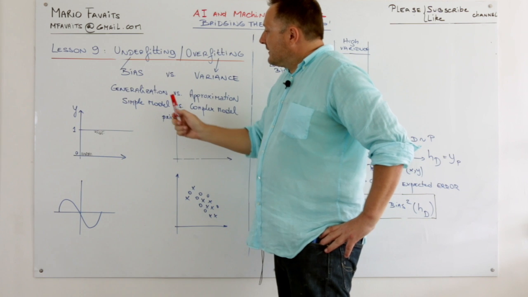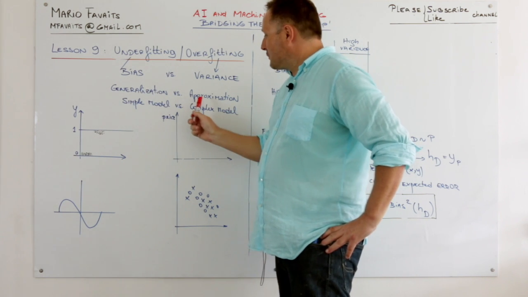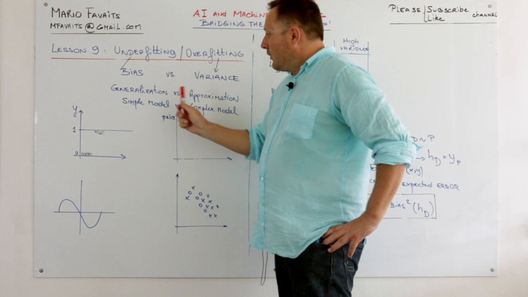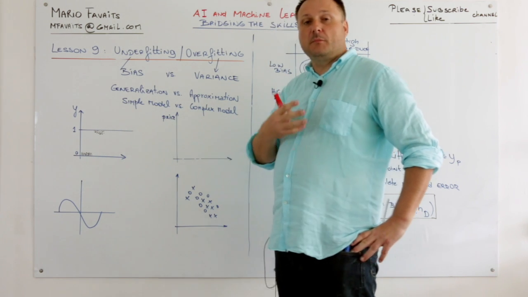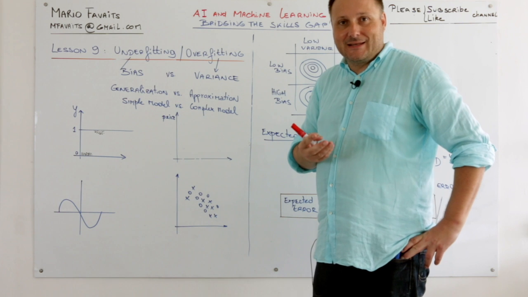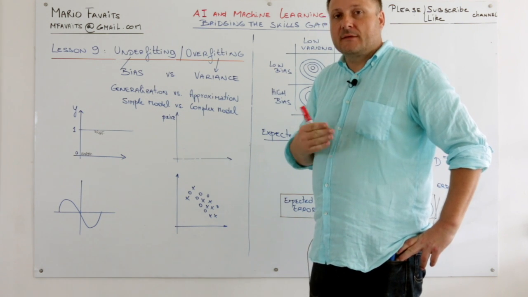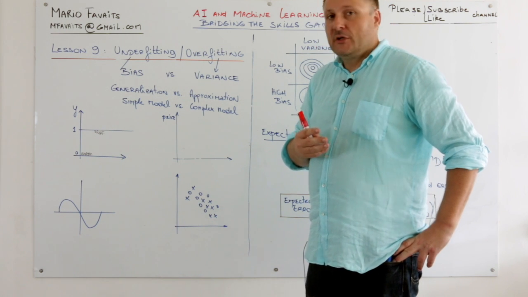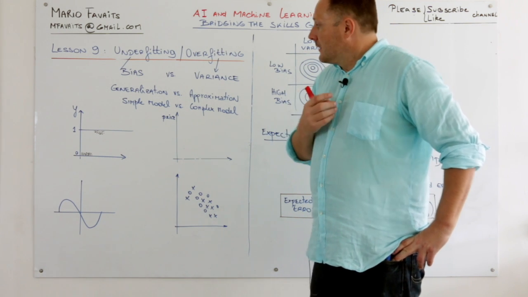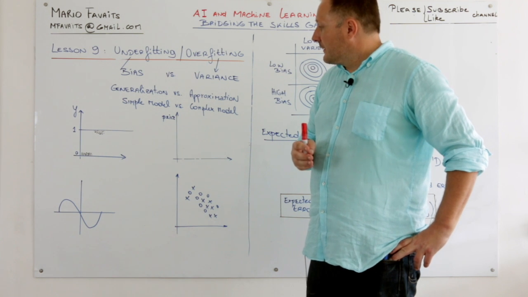That's why there is a trade-off between generalization and approximation, or a simple model versus a complex model. A complex model will fit the training data more closely, but it will generalize less well on new data. So that's the trade-off we have to deal with all the time.